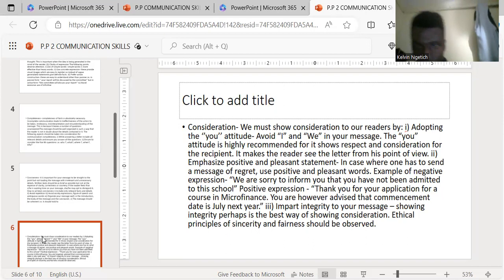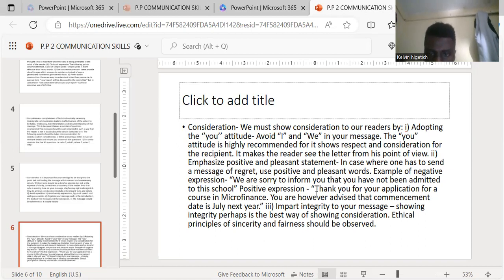The positive side: "Thank you for your application for a course in microfinance. You are however advised that the commencement date is next year."